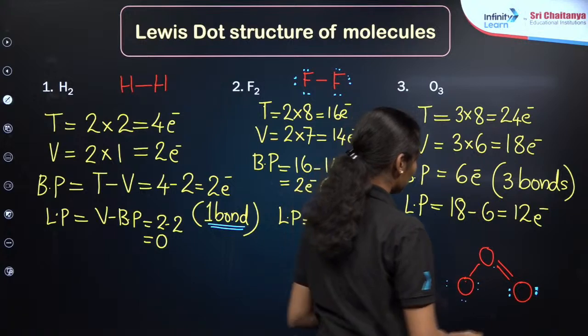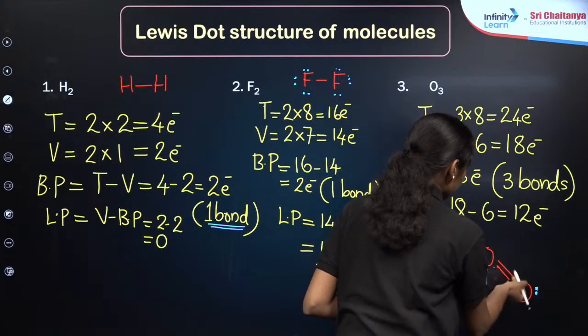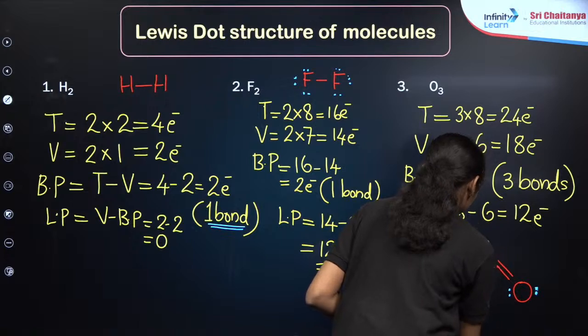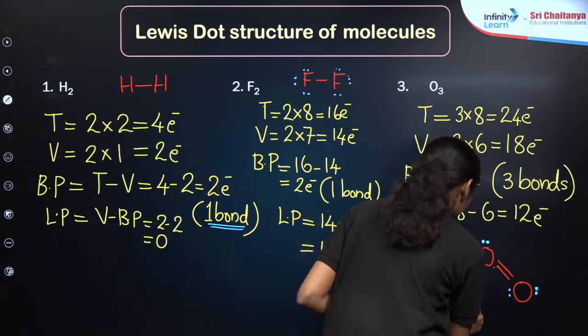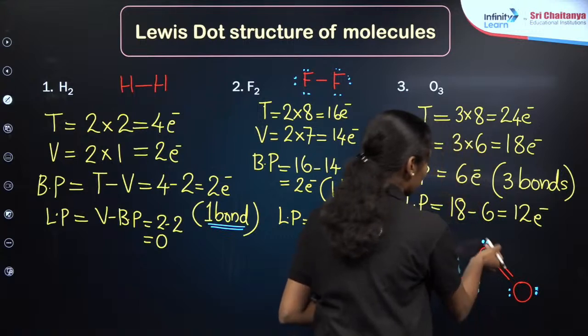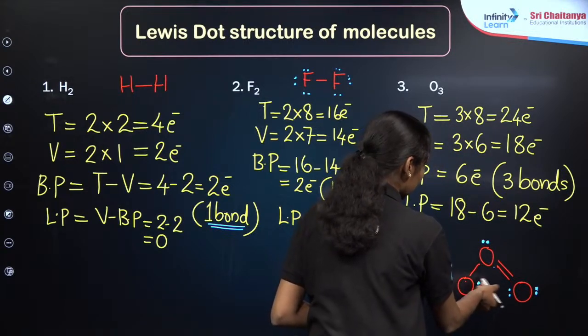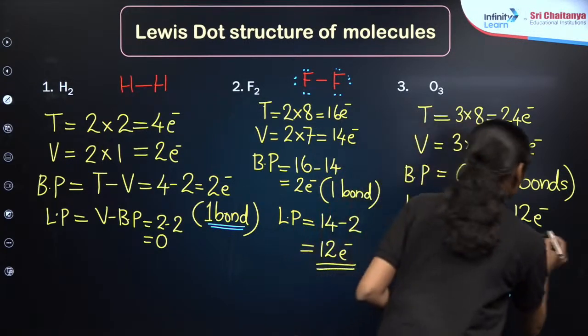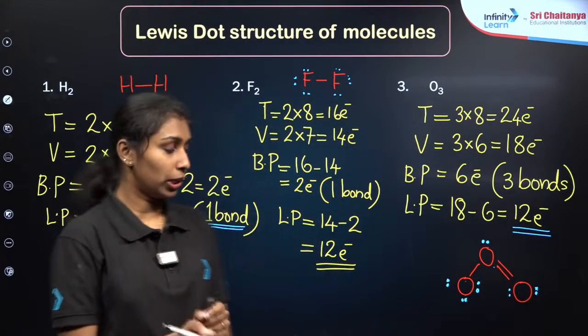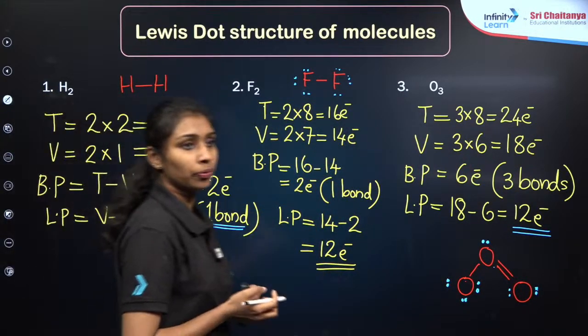Then what about here? 1, 2, 3, 4, 5, 6, 7, 8. Now you can calculate the lone pair of electrons here. 1, 2, 3, 4, 5, 6, 7, 8, 9, 10, 11, 12. This is the total 12 electrons. This will be the Lewis dot structure of ozone molecule. Clear?